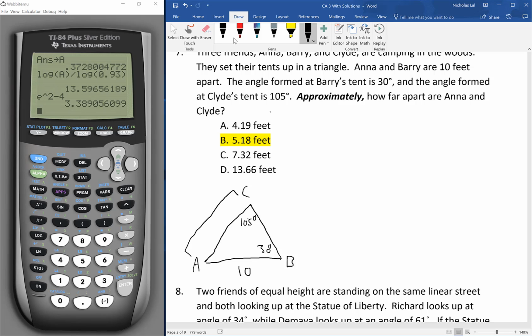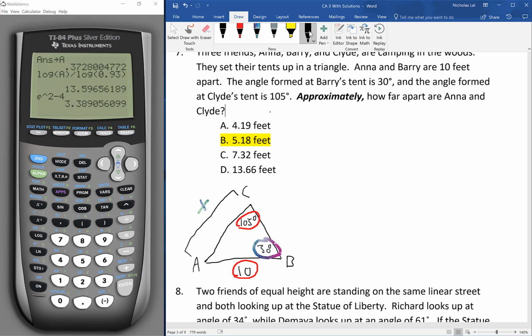And because we have an included angle, an included side, and then we have a side that we need to find, let's solve for x here. We have a side we need to find, and the angle opposite of it, so we can use the law of sines.